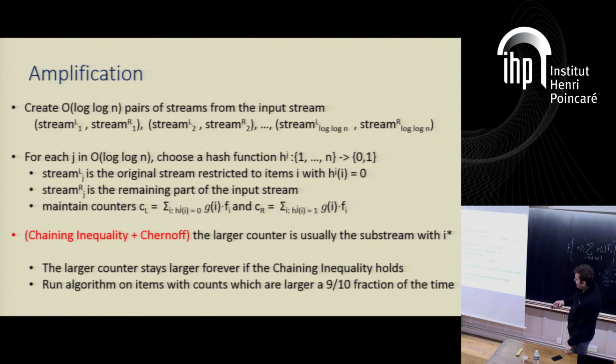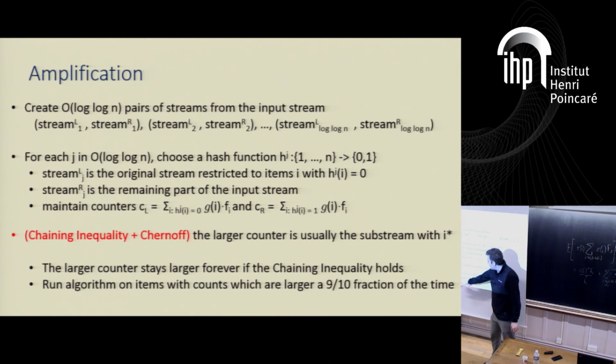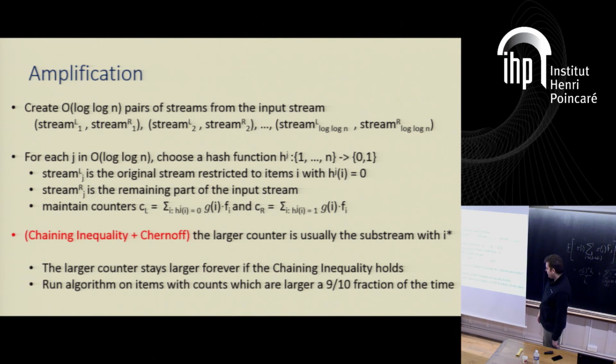And so the idea is we run the algorithm only on the items which agree with a 9/10 fraction of the larger counters. For simplicity, let's just suppose, so I have these log n pairs, right? And one of the two counters is larger in each of those log n pairs.